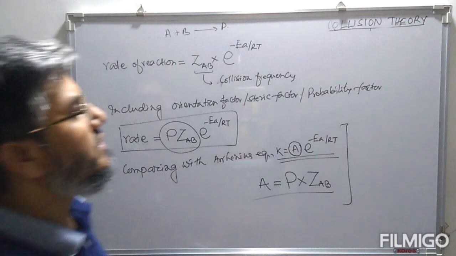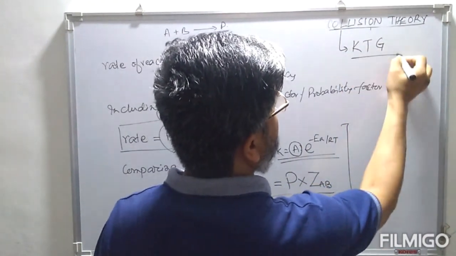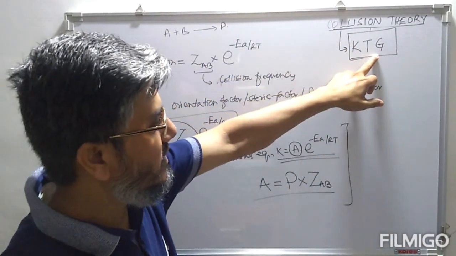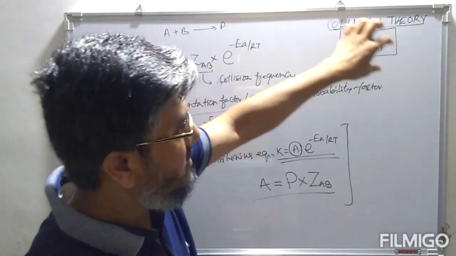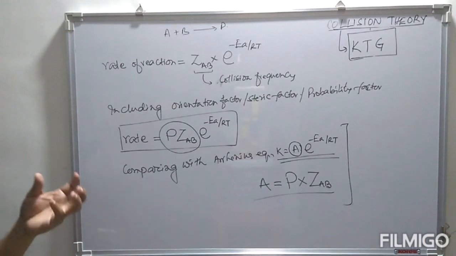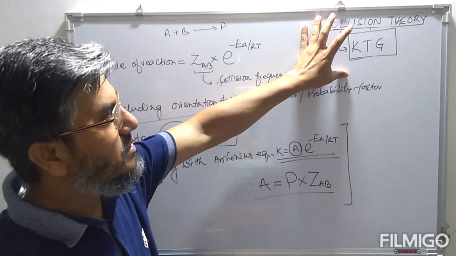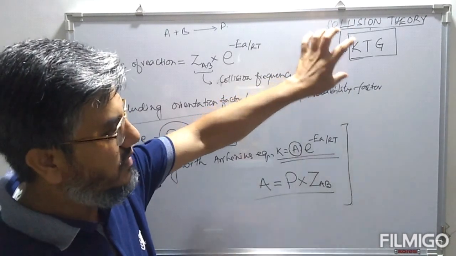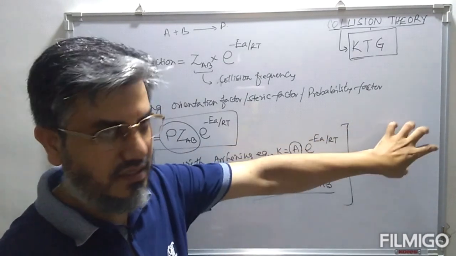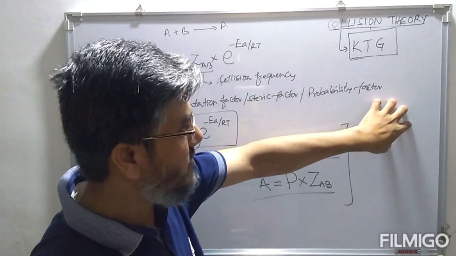So this collision theory is basically based on kinetic theory of gas, and this kinetic theory of gas is based on considering the reactant molecules as hard spheres, ignoring the structure. So one of the very important demerits of this collision theory is that it considers the reacting molecules to be spherical hard spheres.